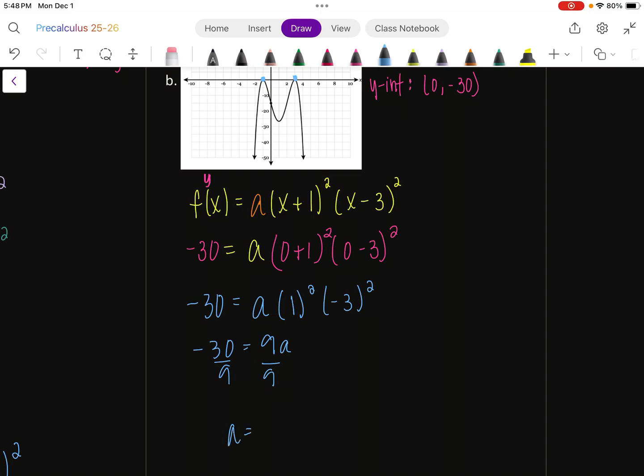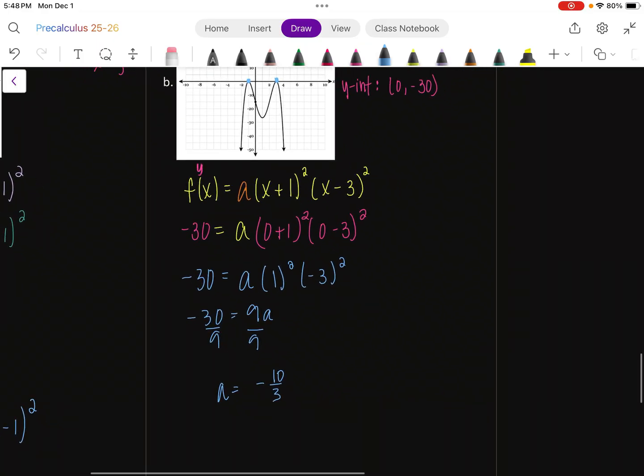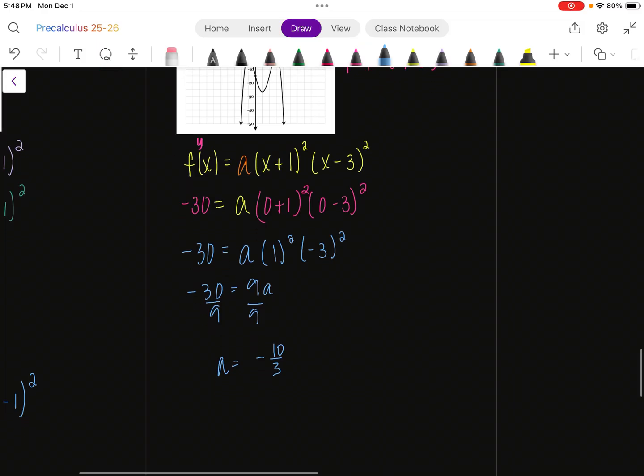A is equal to, let's reduce that. 3 goes into that. 10 thirds, negative 10 thirds. And you know what's great about that is our A there being negative and it's facing downward. That kind of checks out, doesn't it? Yeah, it sure does. F of x is equal to negative 10 thirds.